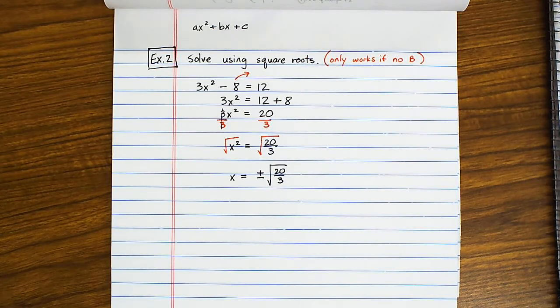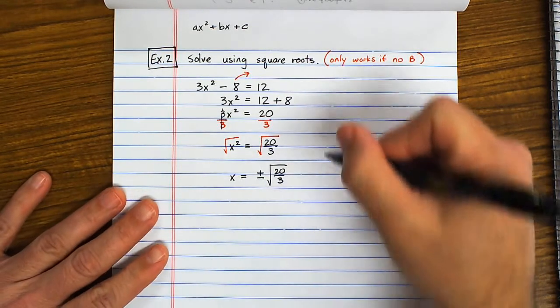And so that's a lot quicker than what we did before, but we're still not quite done. We have our final answer. We just have to simplify. And so I'm going to go to the side and I'm going to simplify that radical 20/3.